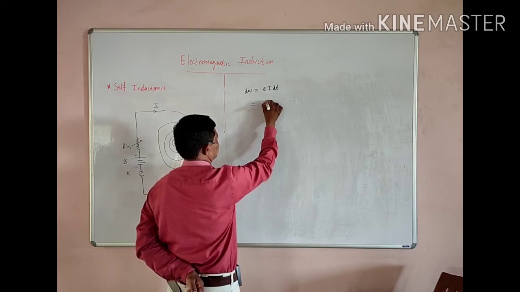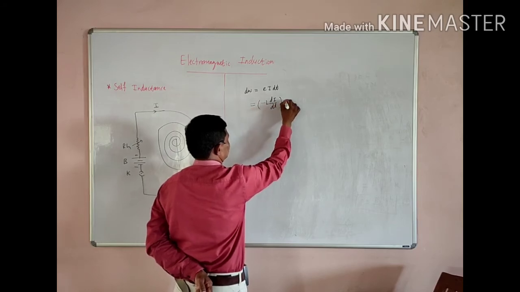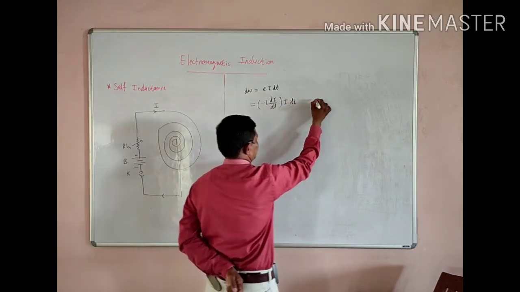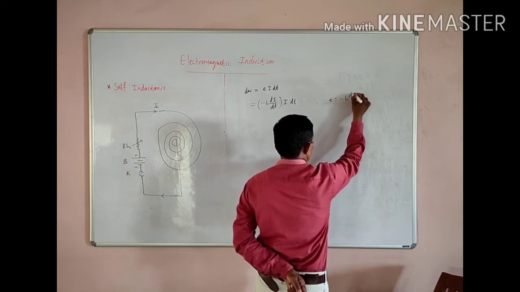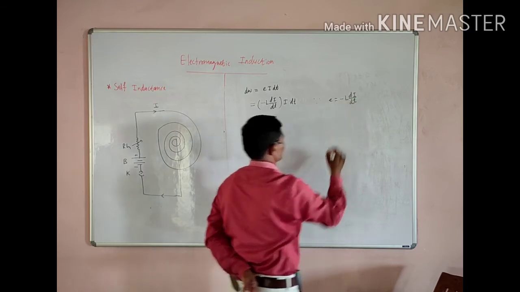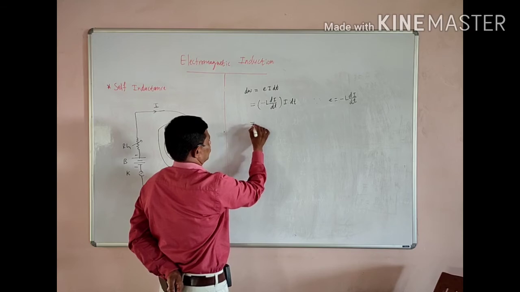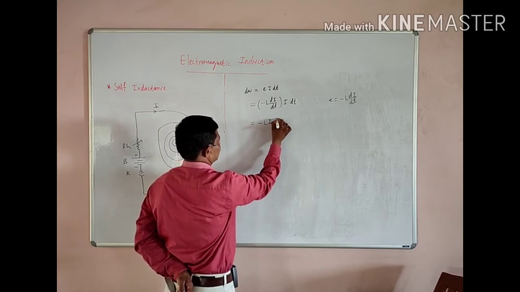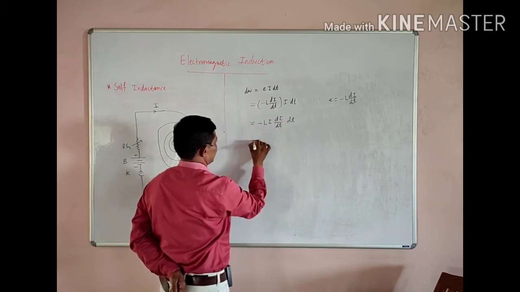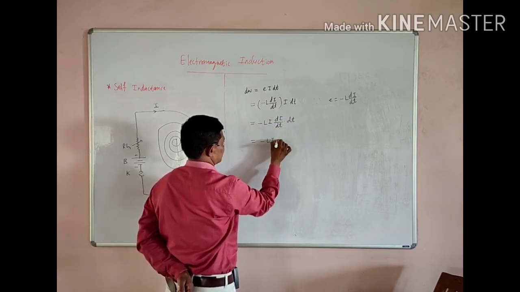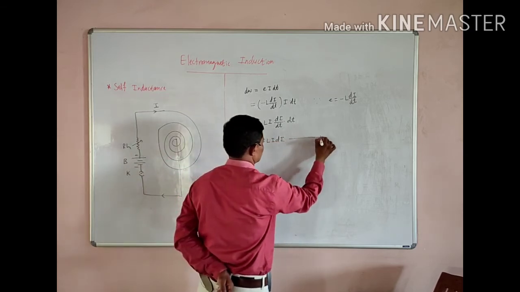So we can write minus L di by dt into I dt, where e is equal to minus L di by dt. Then this is equal to minus L I di by dt into dt. This dt gets cancelled, giving minus L I into di. This is nothing but work done dW. Suppose this is equation first.